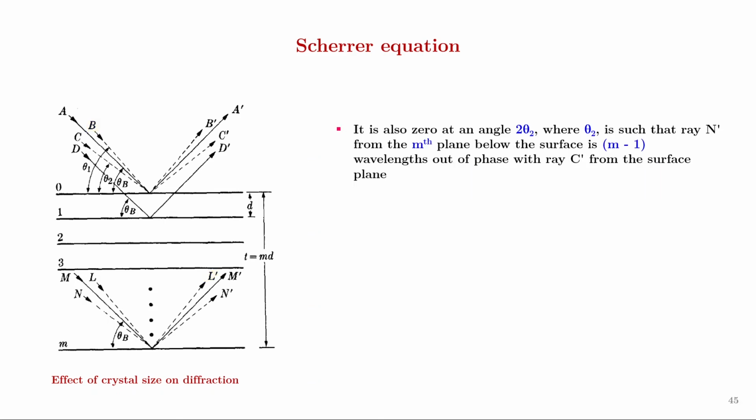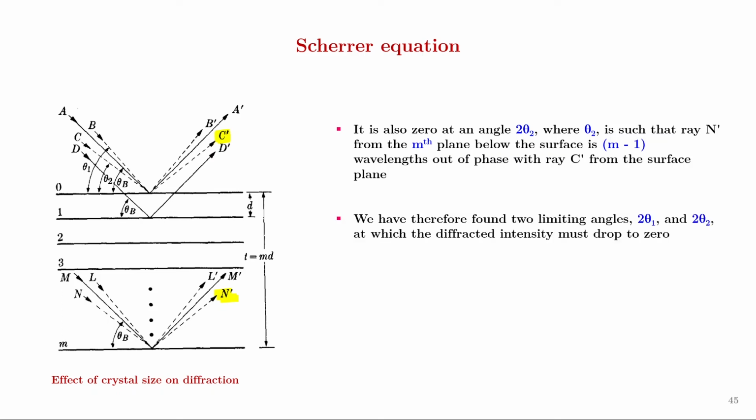It is also 0 at an angle 2 theta 2, where theta 2 is such that ray n dash from the mth plane below the surface is m minus 1 wavelengths out of phase with ray C dash from the surface plane.